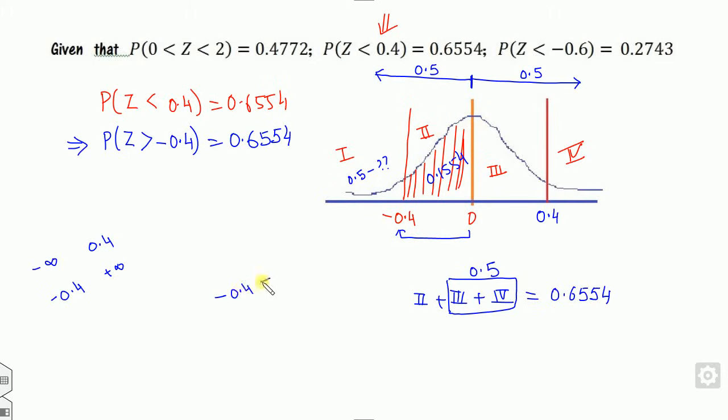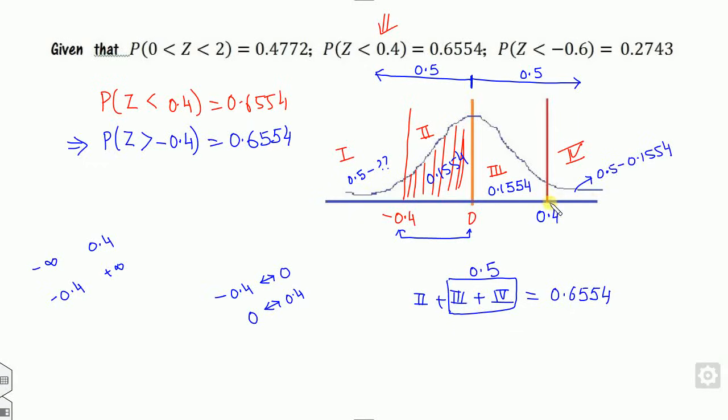Minus 0.4 to 0. What is the opposite of this is? 0 to 0.4. Look at that, third. It means if this area is 0.1554, this is also 0.1554, because this is just opposite of this. Now once you are finding this, how you find the fourth one is 0.5 minus of this.